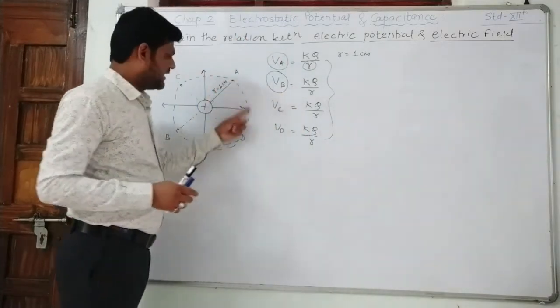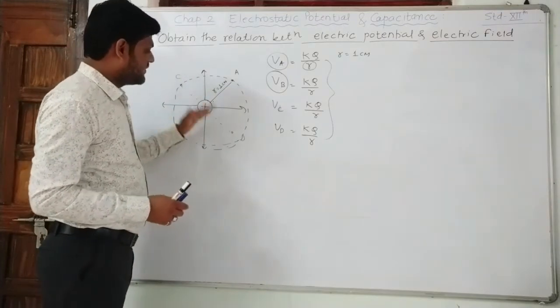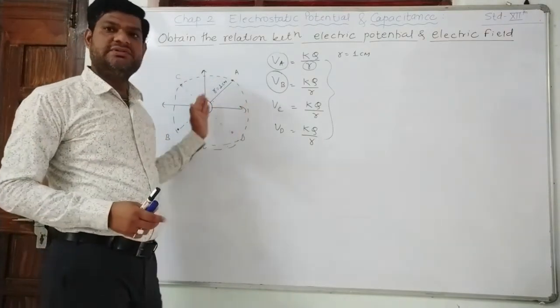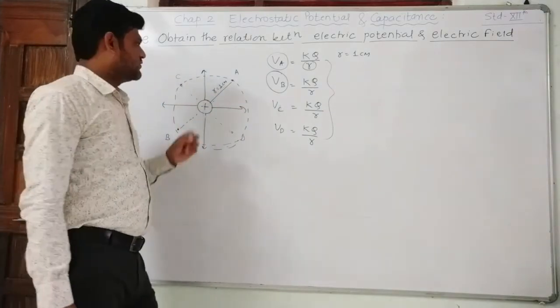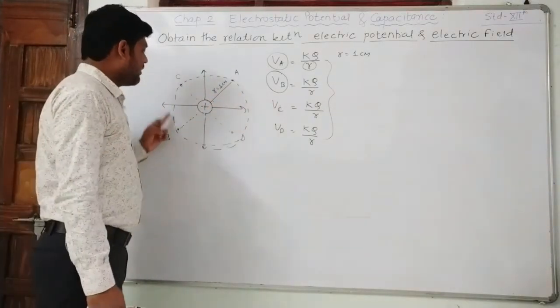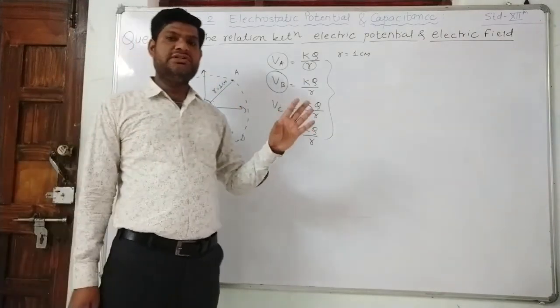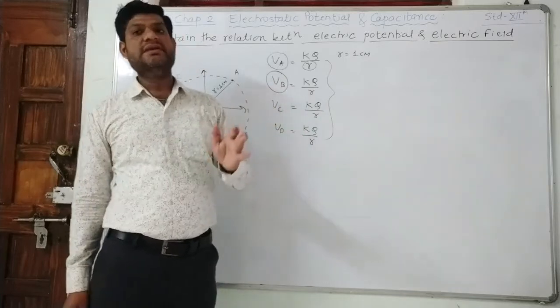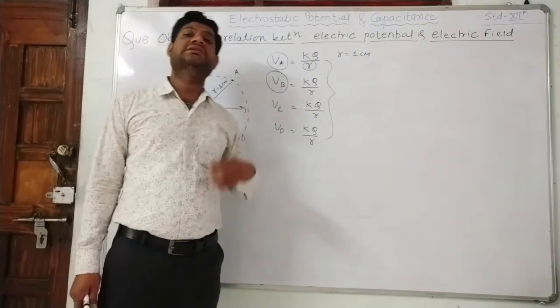Here we consider a surface which is at a distance of 1 centimeter. All the points of the surface are at the same distance from the source charge. So that's why the potential of all the points on the surface is the same. So this surface is known as the equipotential surface.